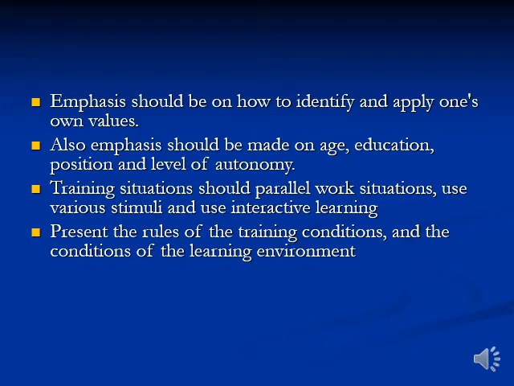Another factor is also to investigate the relationship of certain factors such as age, education, position, and level of autonomy on the ability of moral judgment and making moral or ethical decisions.